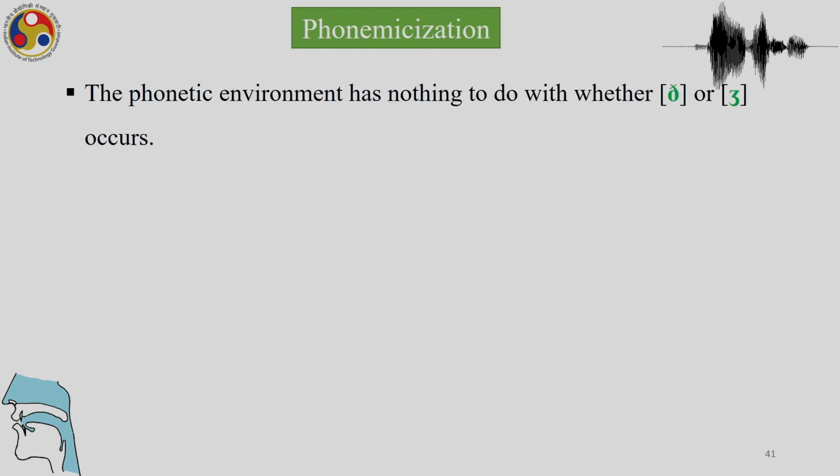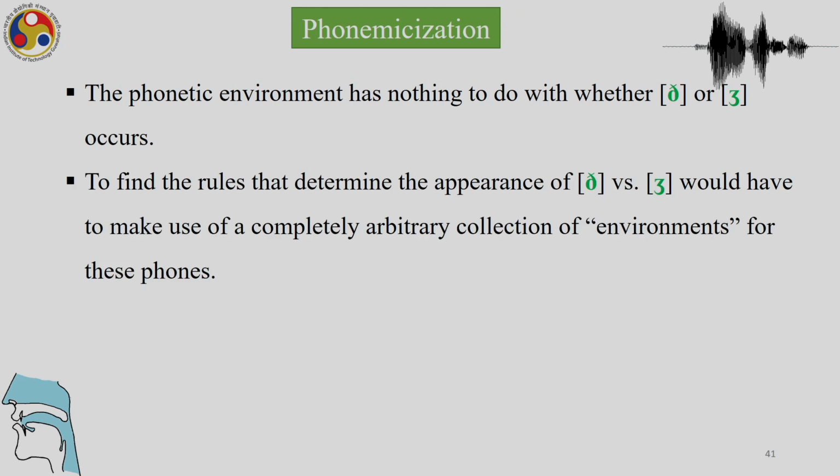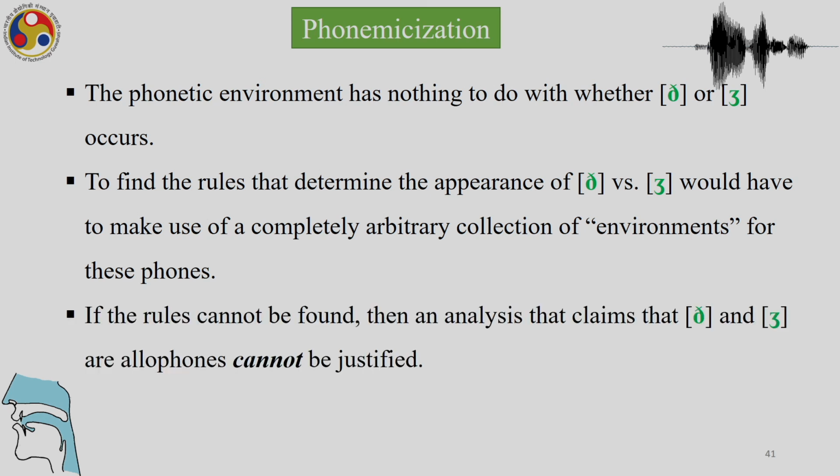So, the phonetic environment has nothing to do with which of the two sounds occurs. And to find the rules that determine the appearance of one versus the other, I would have to make use of a completely arbitrary collection of environments for these phones. And if the rules cannot be found, then an analysis that claims that they are allophones cannot be justified.